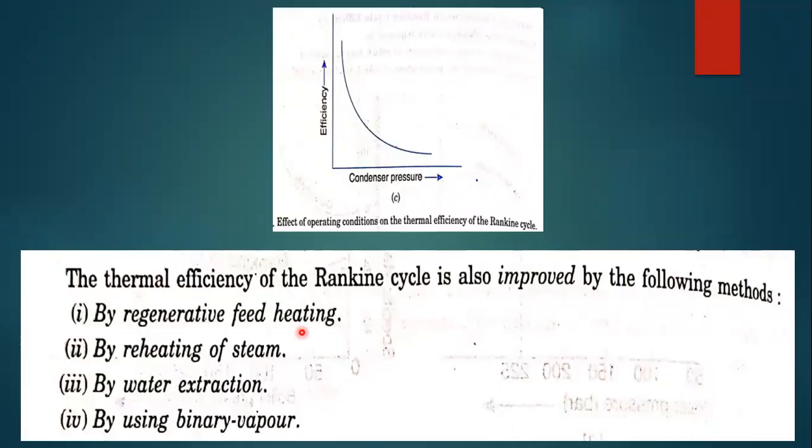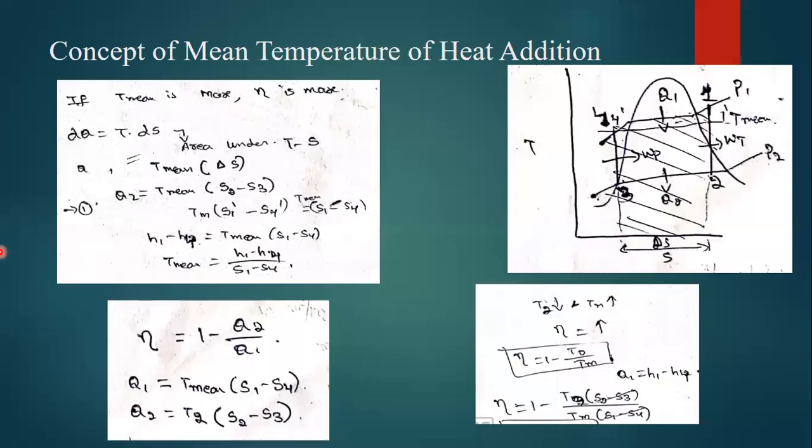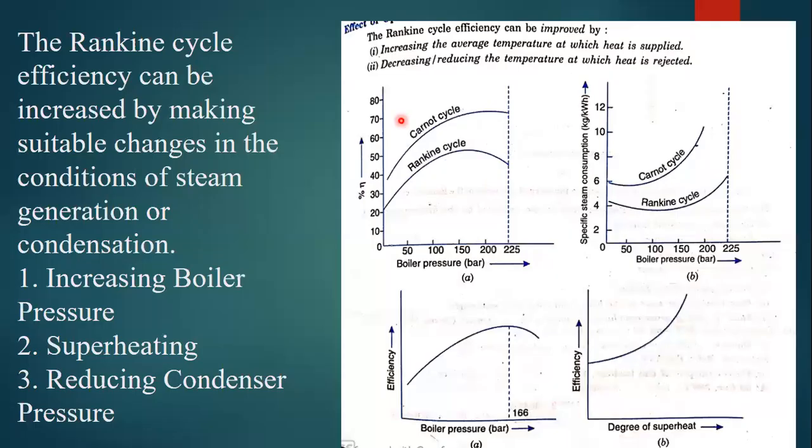Before going to that, we will come to know the concept of mean temperature of heat addition. First of all, what is this concept? As the name suggests, here the mean temperature is high. We have already discussed this.